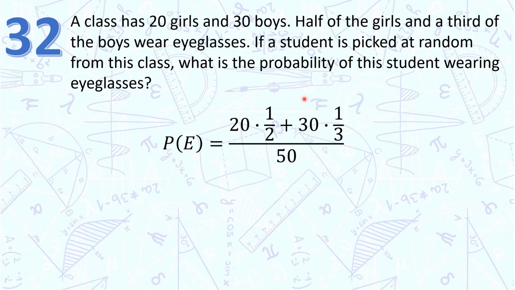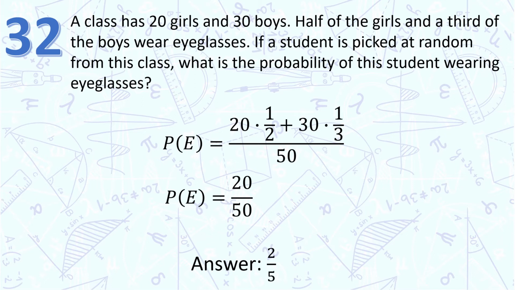So P of E is equal to 20 times 1/2, that is half of the girls, plus 30 times 1/3, that is a third of the boys, all over 50, that is the total number of students in the class. So we have the probability of the event is equal to 20 over 50 equals 2/5 or 0.4, or we say 40%.